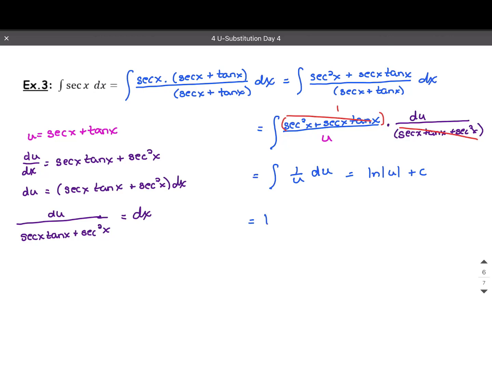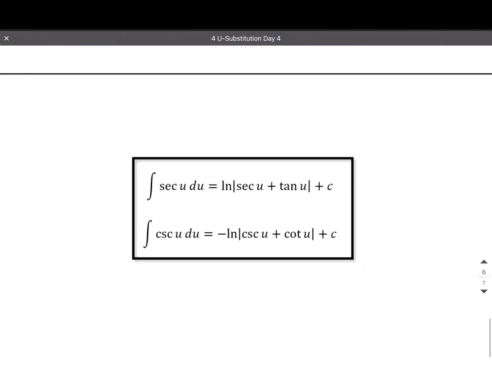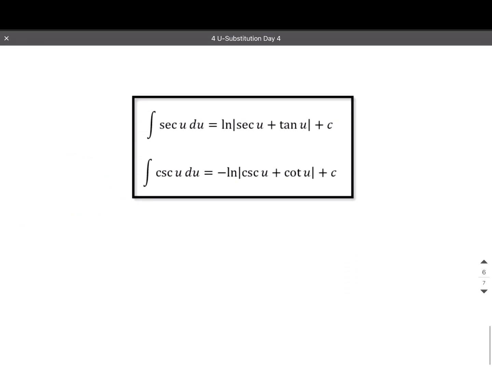Well, what was my u? Secant x plus tan x plus c. Wow. So we just proved that the integral of secant u du is the natural log of the absolute value of secant u plus tan u plus c.